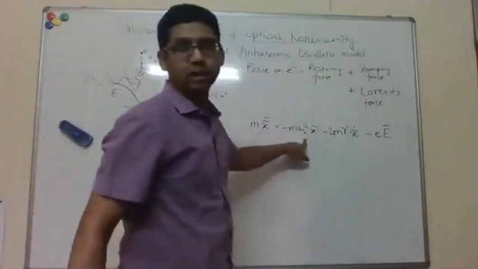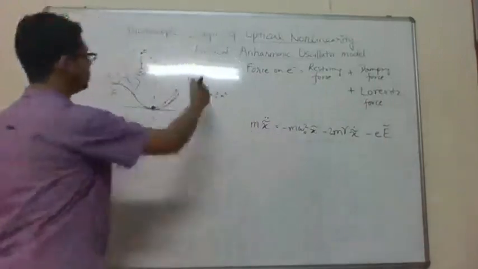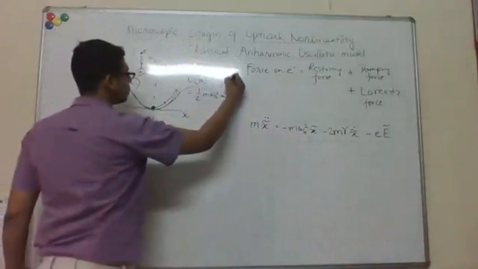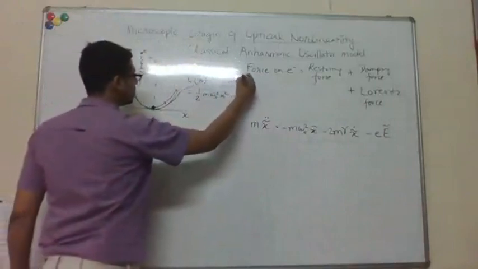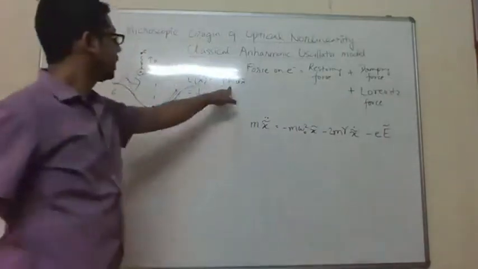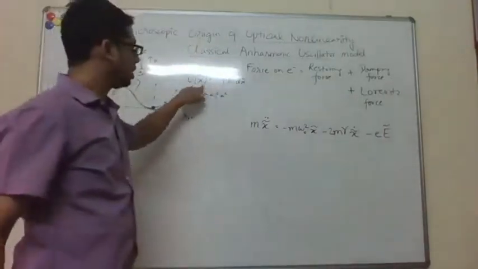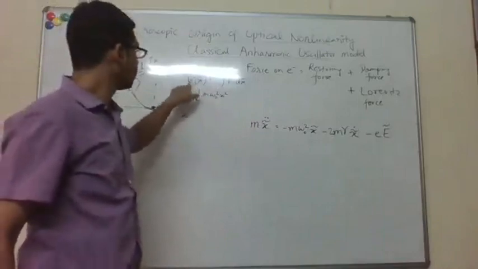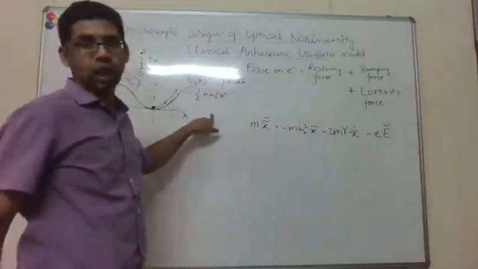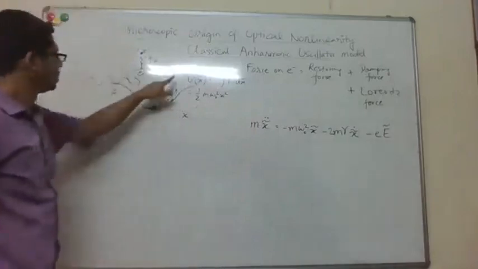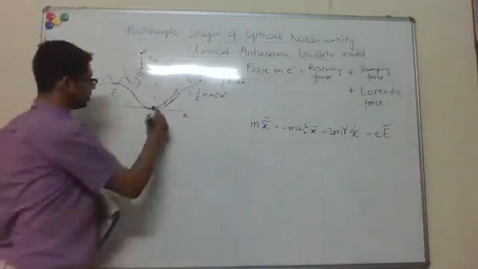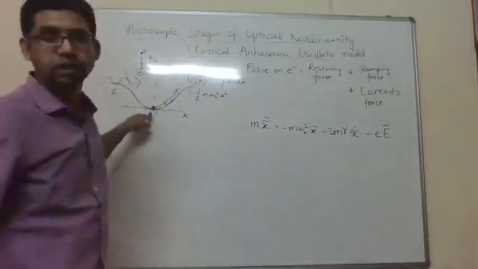If you have a force proportional to x squared, then the potential U, which is the integral of the force times the displacement, will have a term of x cubed, right? So the next higher order term in the potential would be x cubed, and an x cubed potential, you can see, is not symmetric about the origin, right?